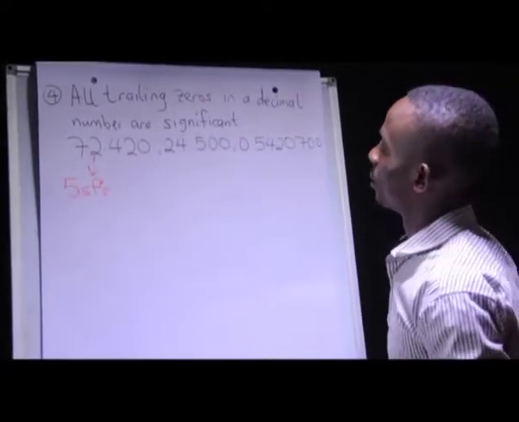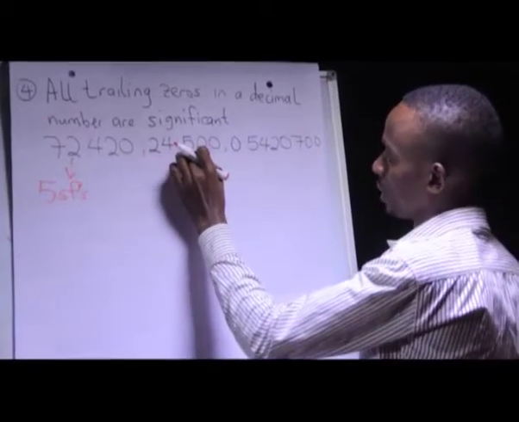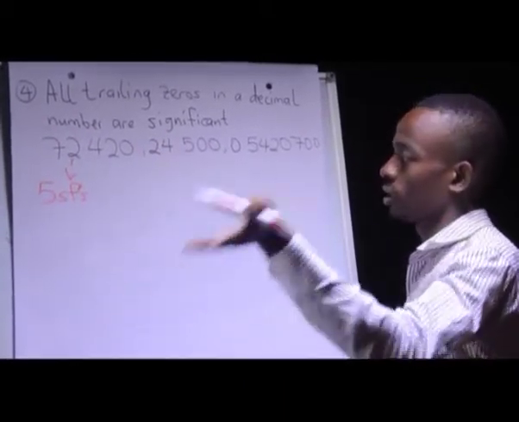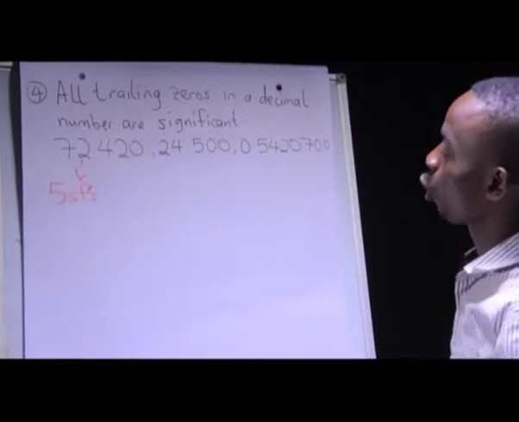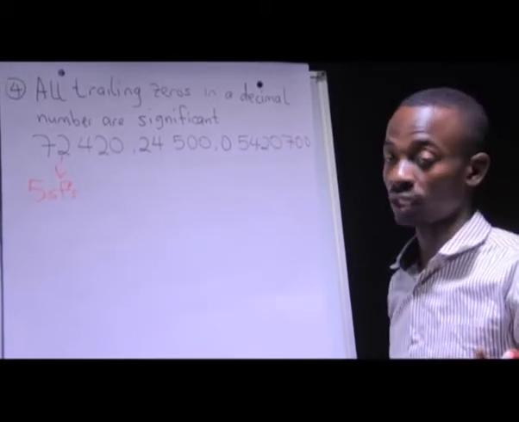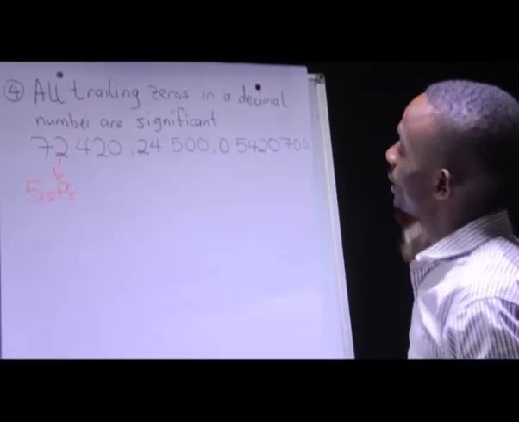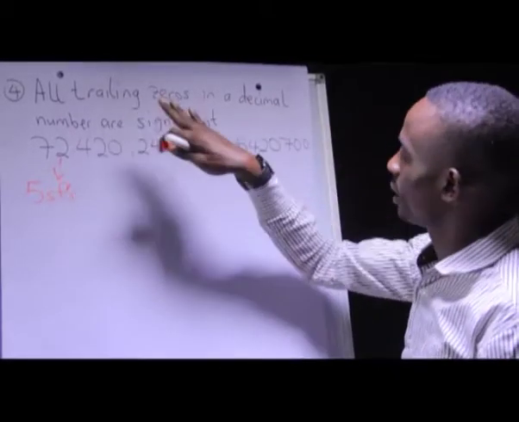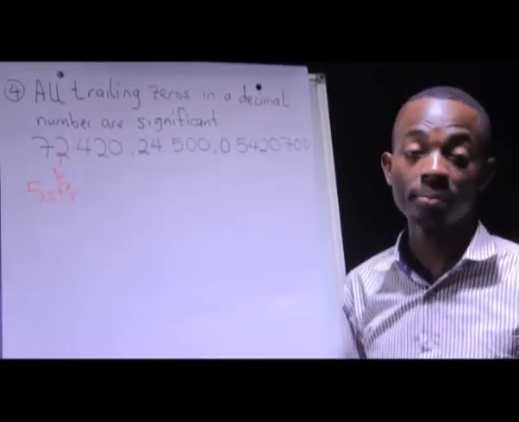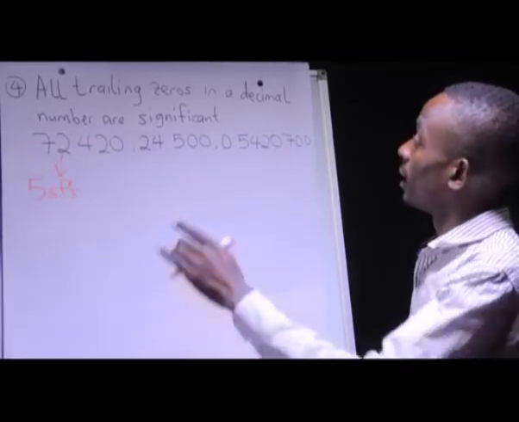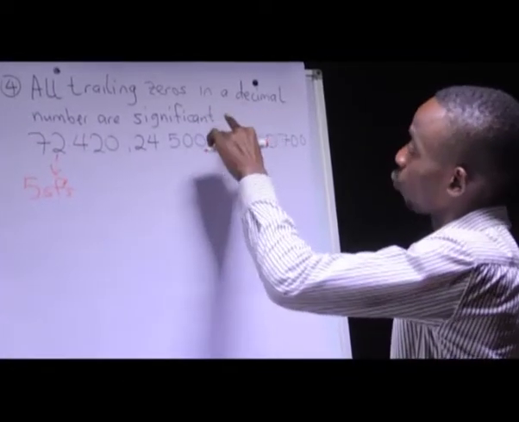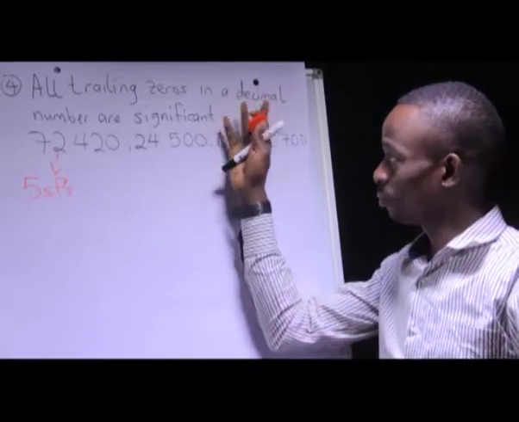24.500. Of course, the 2, 4, and the 5 are significant based on condition 1, which was saying all non-zero digits are significant. Now how about these other 2 zeros? Condition 4 tells us all trailing zeros, in other words, all the zeros that come at the end. But that applies when you're dealing with decimal numbers.